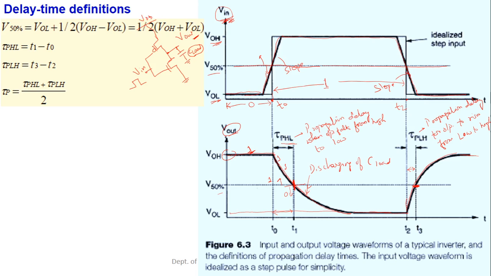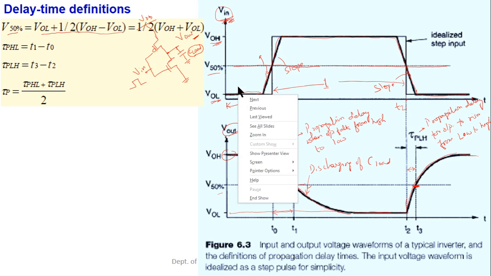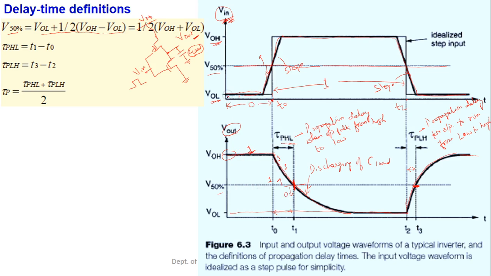And this is the 50% mark. What it is actually is VOL plus half of VOH minus VOL, that is, VOL, this level, plus half of this portion.